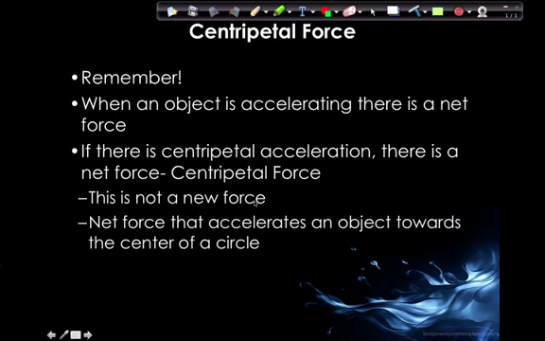So if we solve for force, force is equal to mass times acceleration, we still find the force the same way. Okay, so the centripetal force is the net force that accelerates an object towards the center of the circle. It's going to be the force that keeps that object moving in the circle.